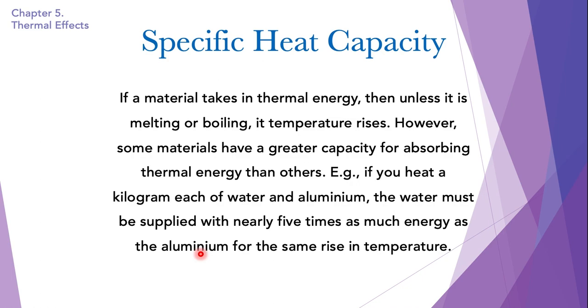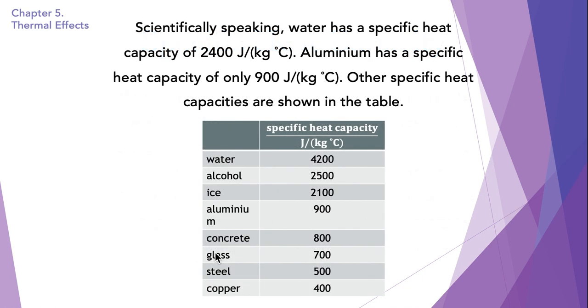So scientifically speaking, water has a specific heat capacity of 4200 joules per kilogram degree centigrade, whereas aluminium has a specific heat capacity of only 900 joules per kilogram degree centigrade. So this is what it basically means, that water can absorb more heat compared to aluminium. The unit of specific heat capacity is joules per kilogram degree centigrade. It's a very big unit, isn't it?